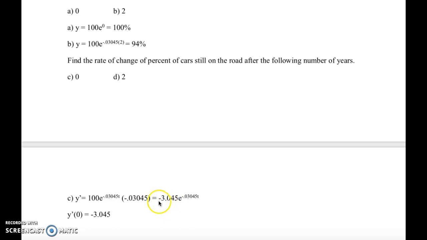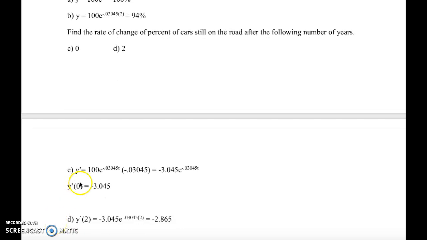And so we end up with negative 3.045 e to the negative 0.03045t. And at 0, we end up with negative 3.045. And at 2 years, when we plug in 2, we end up with negative 2.865.